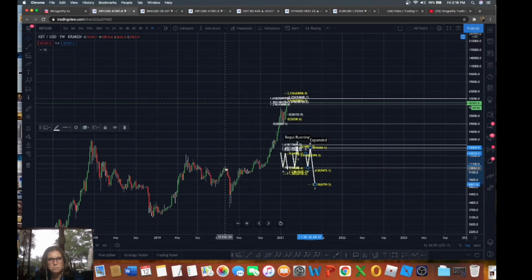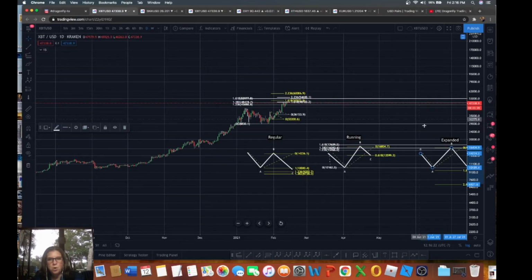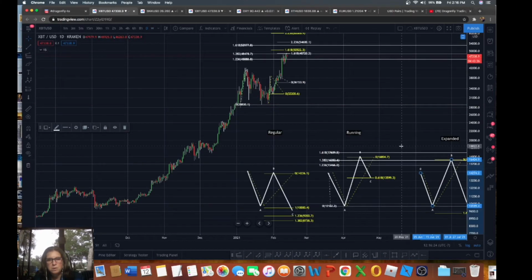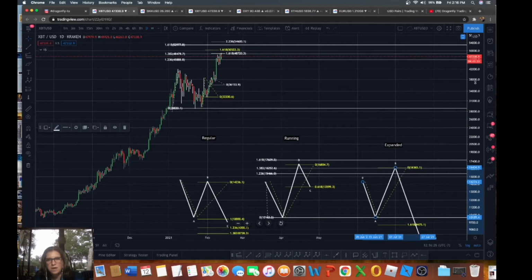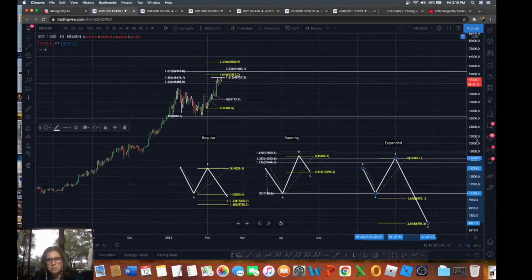Just for purposes here to show you what they look like. We had an A, we had a B that surpassed this, and then we had the C wave that surpassed the bottom. That's an expanded flat. But they more happen at the top of a third wave or the fifth. They usually happen at the top of the fifth.